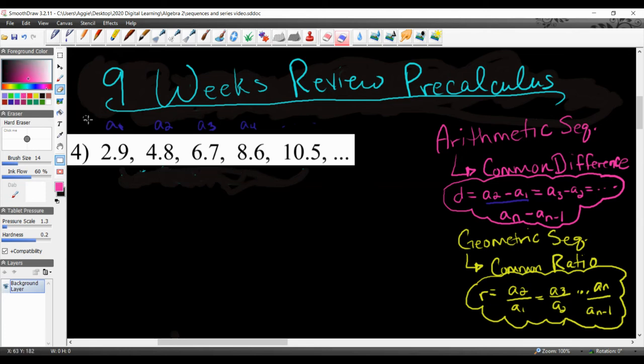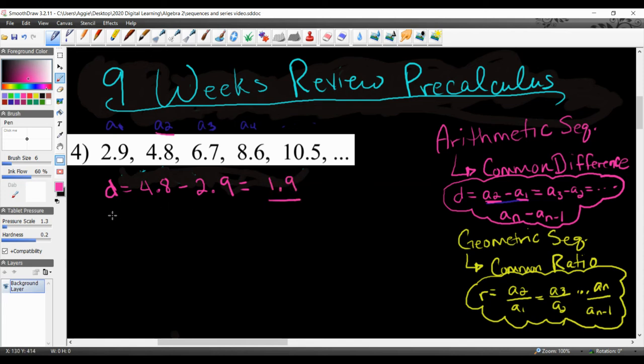If we're assuming this is an arithmetic sequence, then D, which is the common difference, would be equal to A2 minus A1. A2 is 4.8 minus A1, which in our case is 2.9. If we subtract this, we should get a little bit under 2, so 1.9.